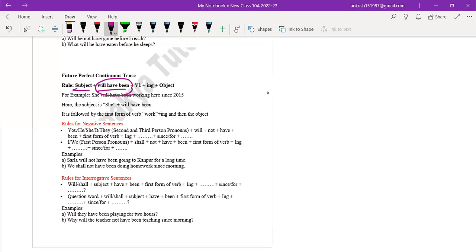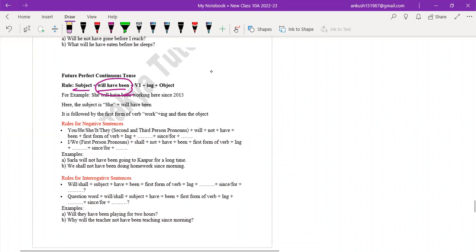You may use it whether the sentence is given in active voice or passive voice, and most of the time it is used in the passive form of the sentence. That also I will teach you.